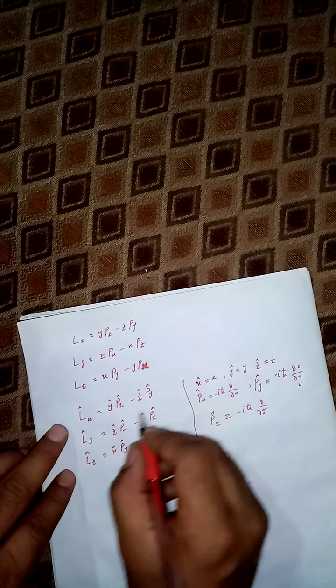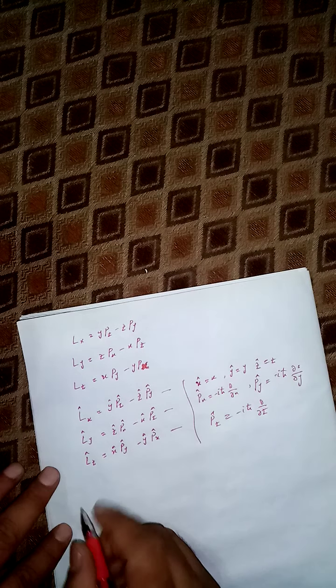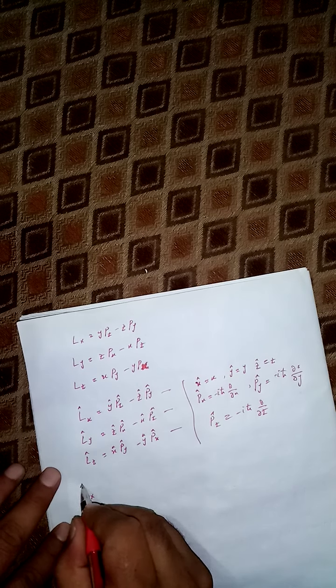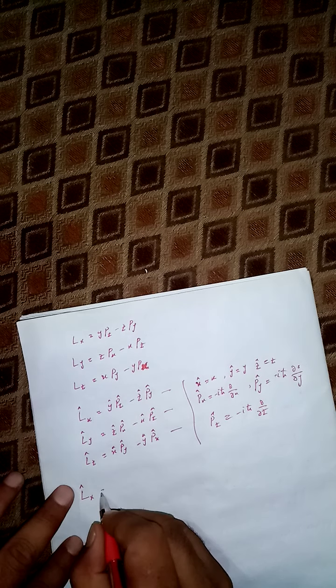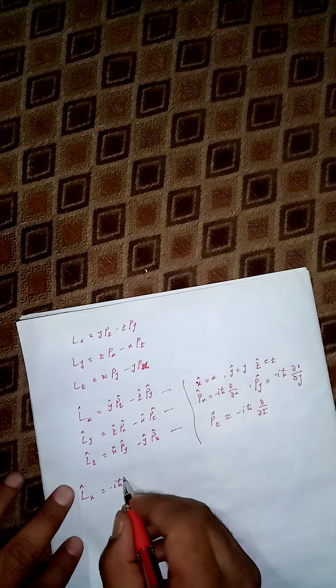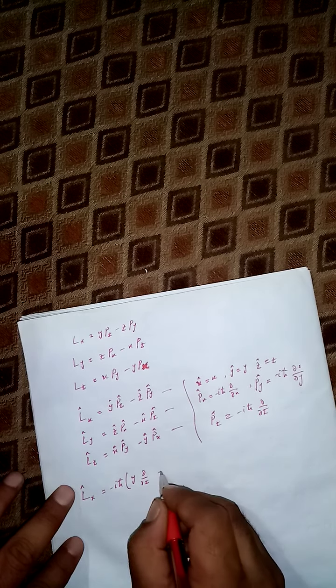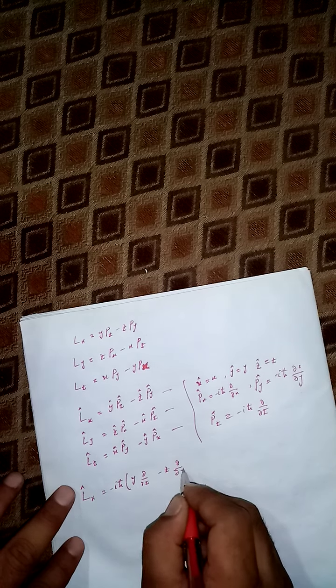Using these values in these three equations, we get the operator of angular momentum along the x direction as minus iota h bar (y partial by partial z minus z partial by partial y).